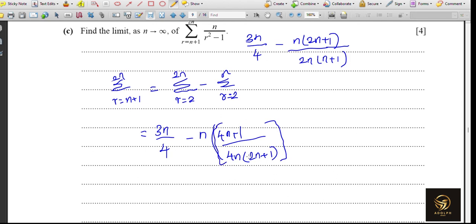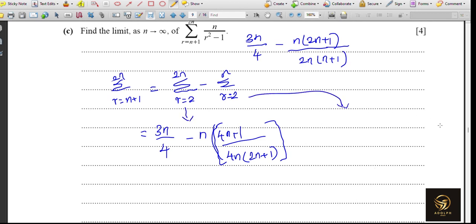You can ask me why this n has not changed, because that n is added in the numerator as only n, and this 2n turns into 4n. It's because of that the limit has changed into 2n. Then this is the answer of this first step.